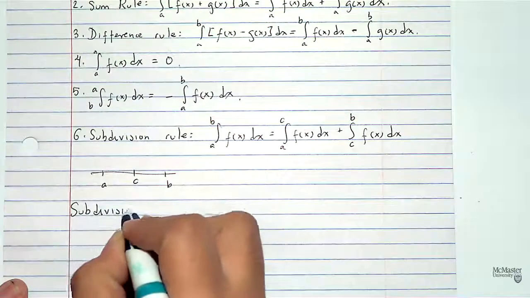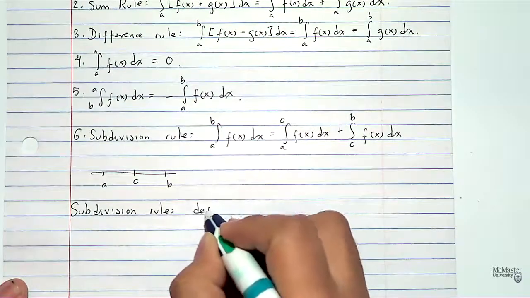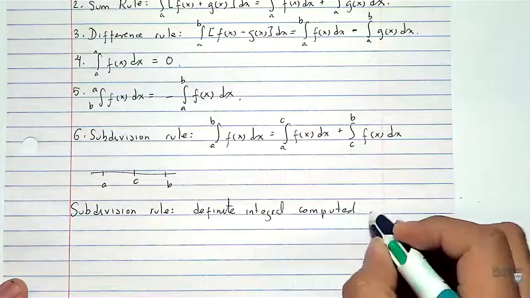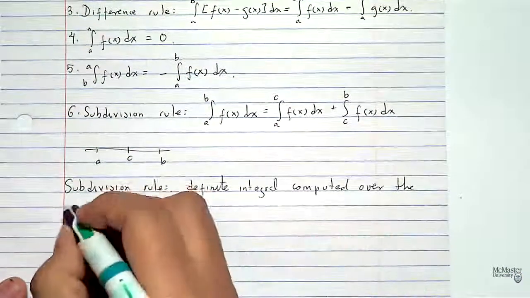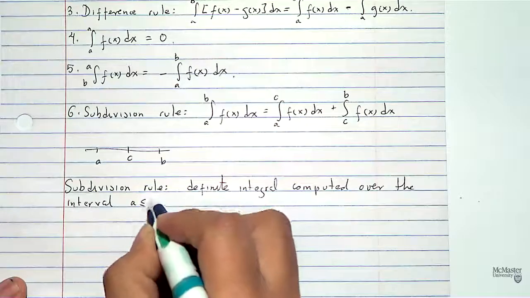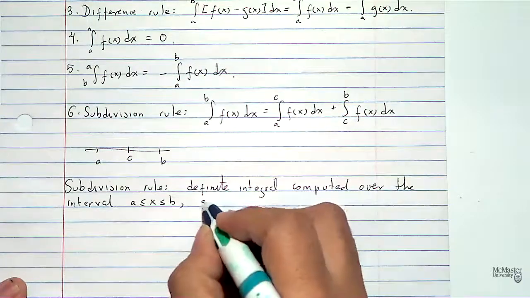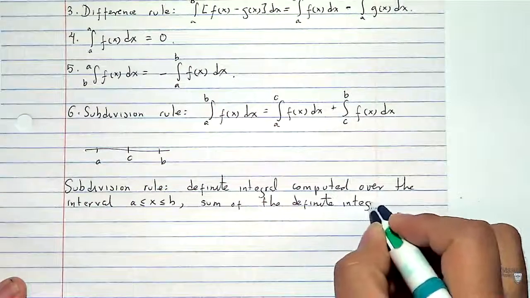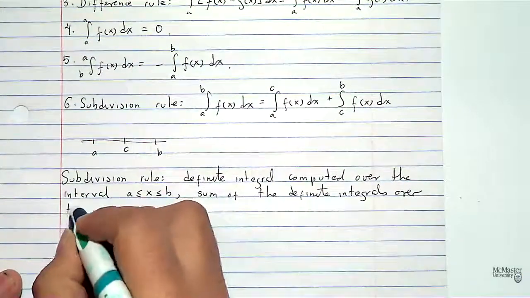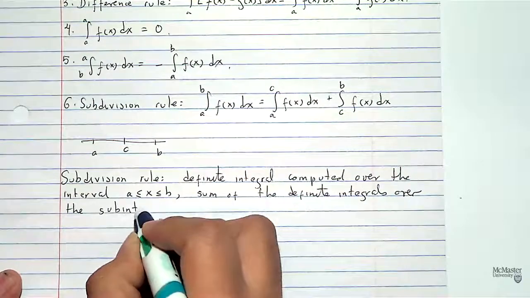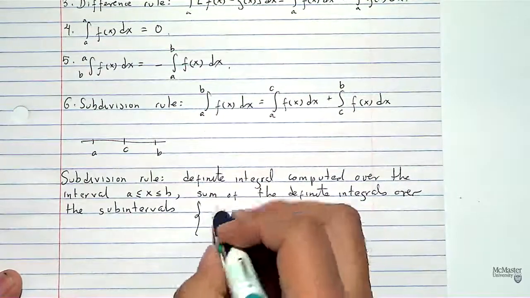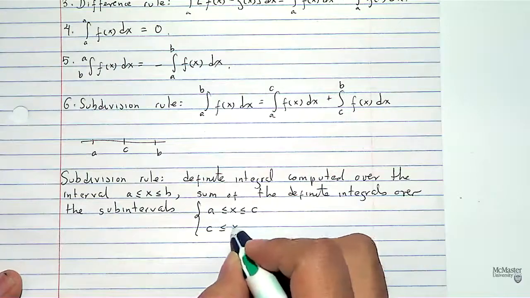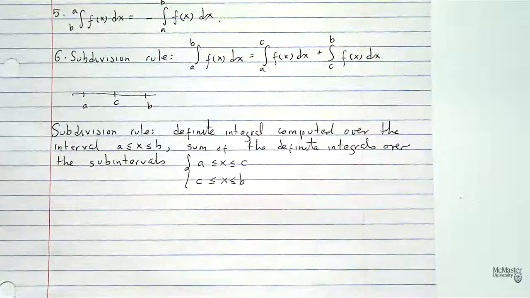For the subdivision rule, the definite integral is computed over the interval [a, b], and it is the sum of the definite integrals over the subintervals, where first you have the subinterval from a to c, and then you have the subinterval from c to b. The same way we have it in the picture, right?